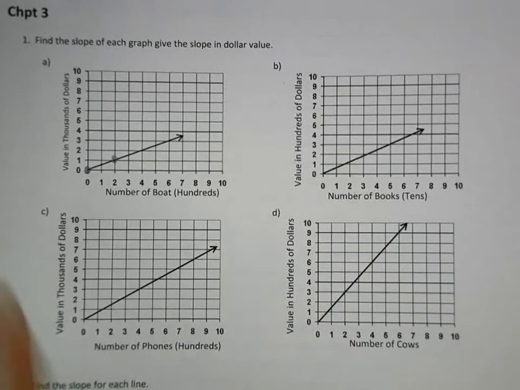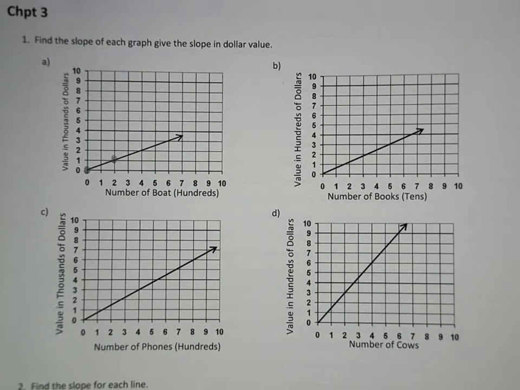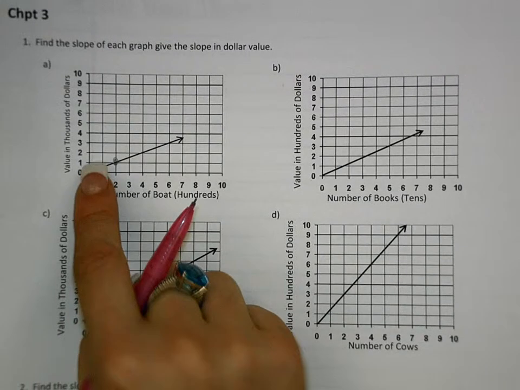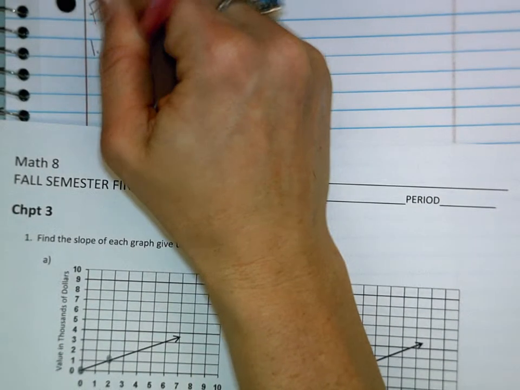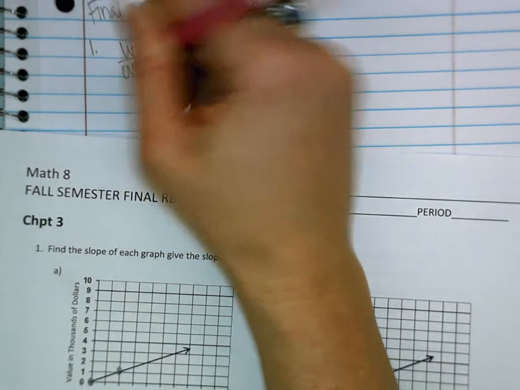What does the label say on the side? Value in thousands. Thousands of dollars. So if it's in thousands, how much are you going up? 1,000. So remember, we're moving up over over, rise over run.